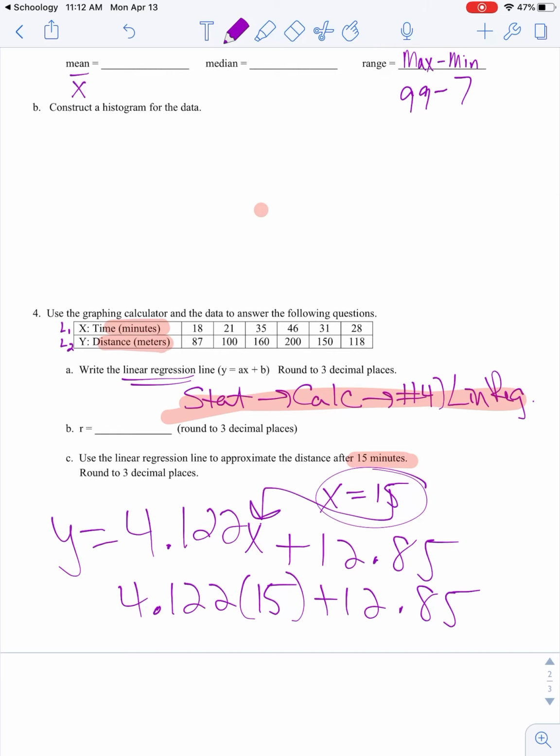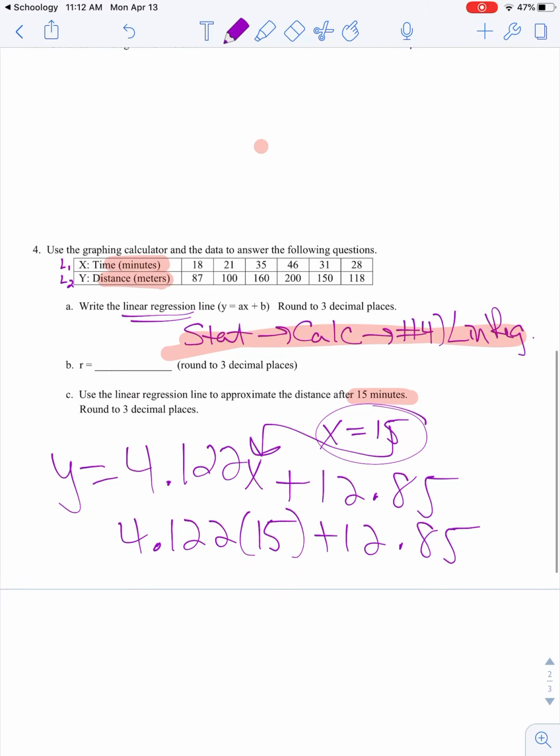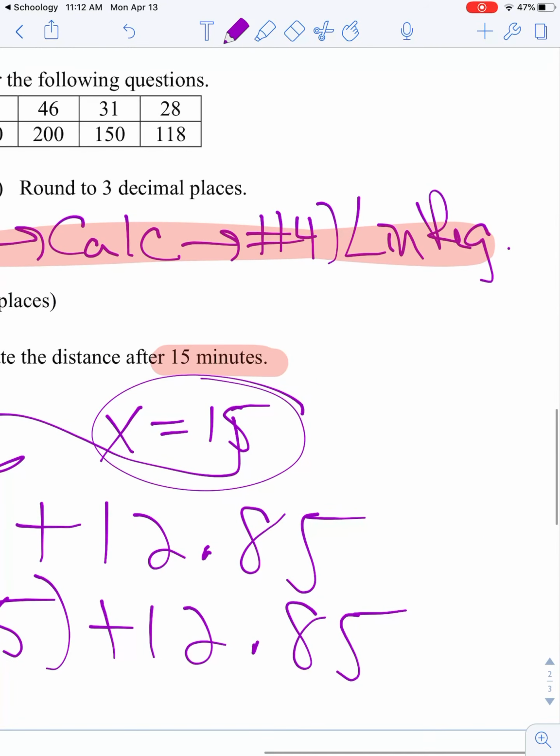And that answer is going to give you the distance in meters. Okay? It doesn't look like that answer key has that answer on there. So let me calculate it out real quick for you. So after 15 minutes, looks like it's going to be 74.68 meters.